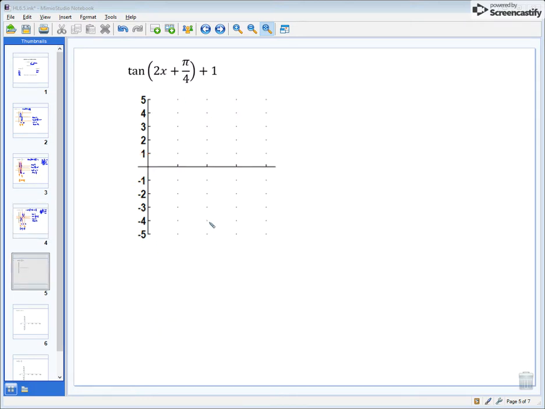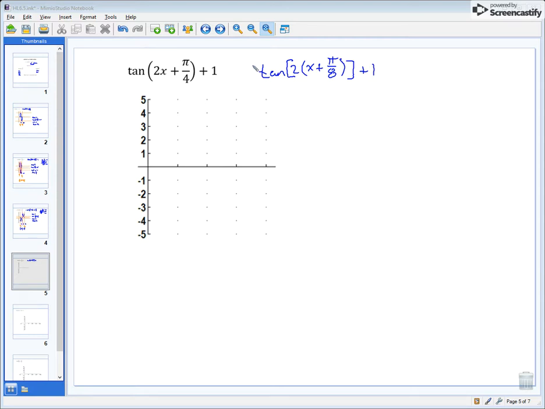Here's your next example. We've got tangent of 2x plus pi fourths, and then adding 1 to that. So again, we want to factor out this 2 away from the x. So that's going to have a tangent of 2 multiplied to the x plus pi over 8 and plus 1.